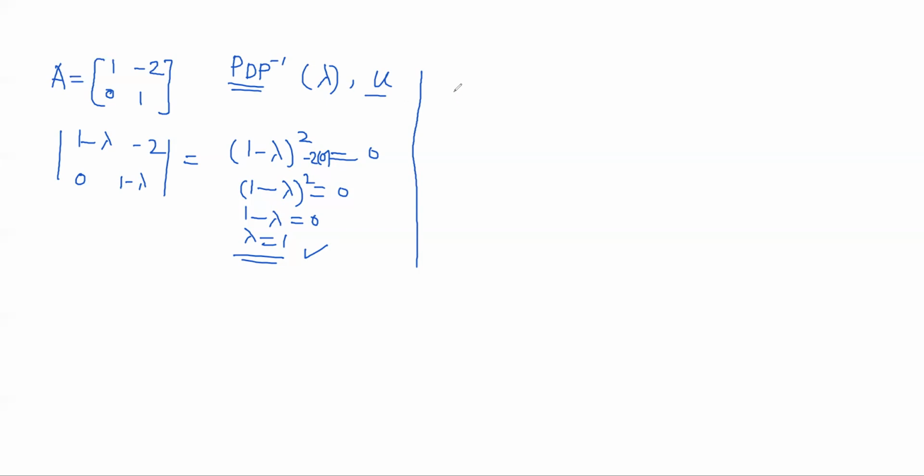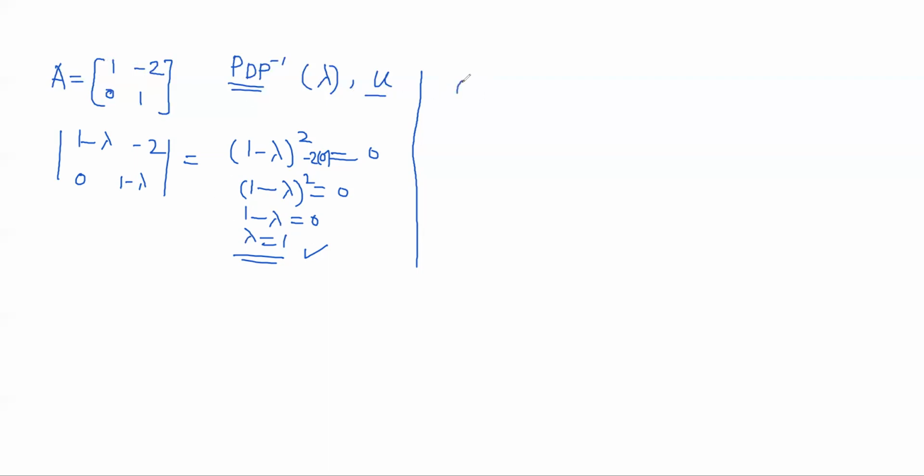We can find it by writing it in the form of an augmented matrix. What we will do is subtract this eigenvalue from the diagonal. The diagonal entries of A are 1.